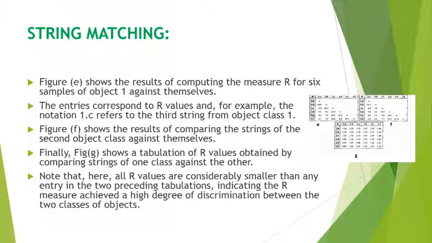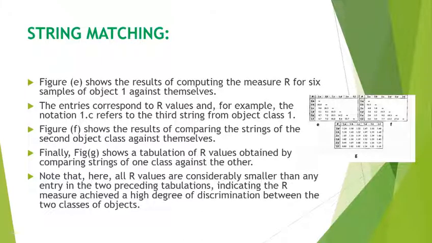If two different strings perfectly match, then the similarity will be infinity. So we can see here that it is true. And table F also represents the similarity table of object 2 with itself, between 2.a, 2.b and so on up to 2.f.